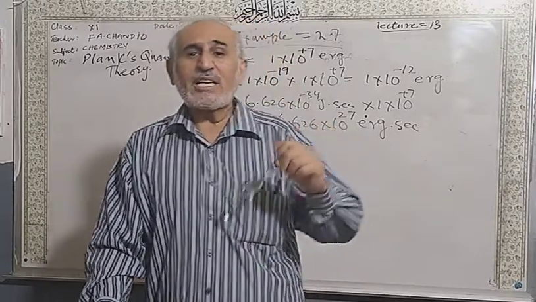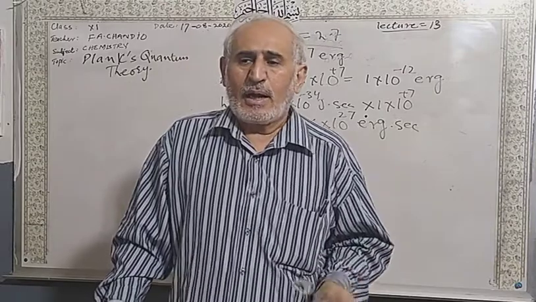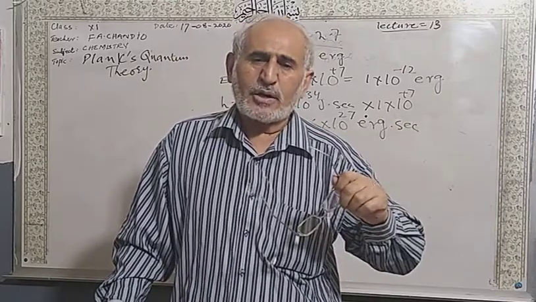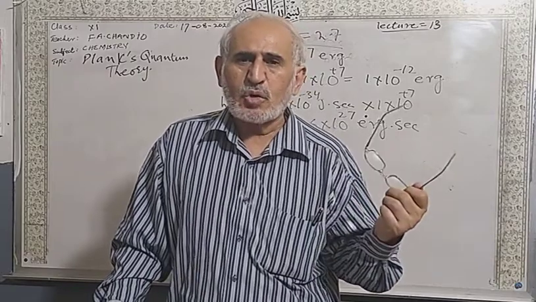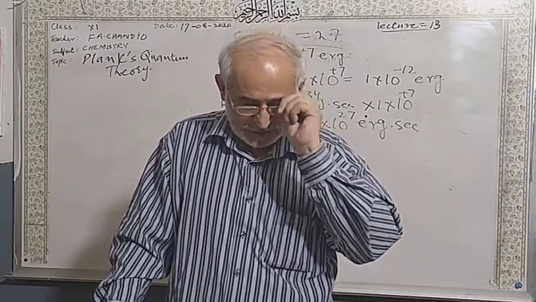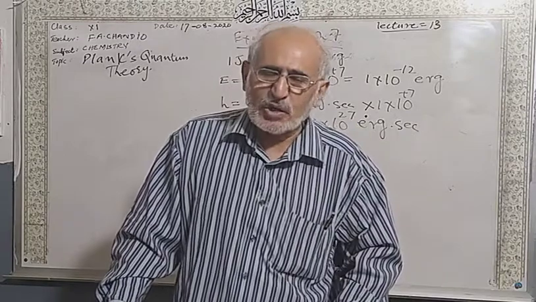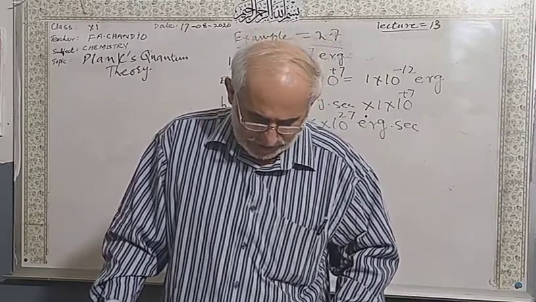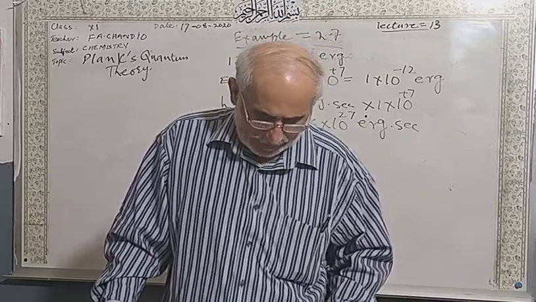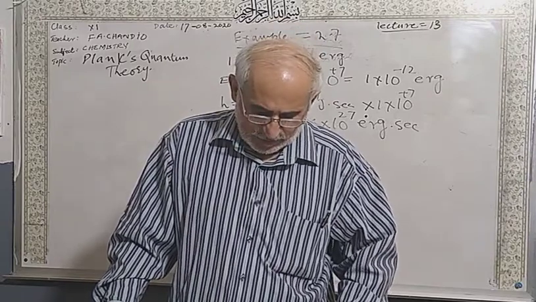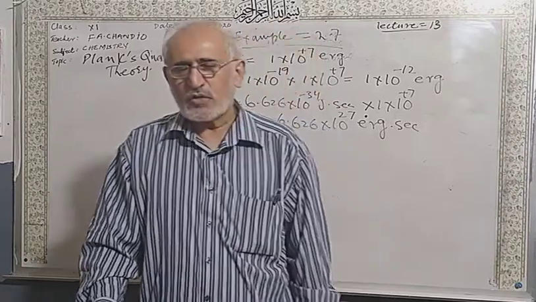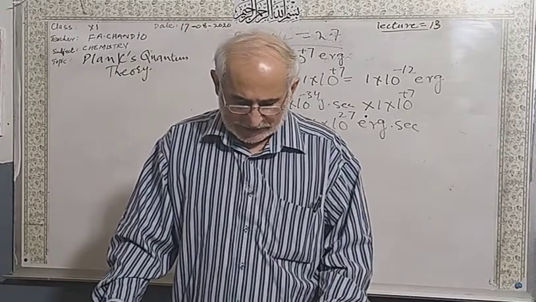But when you change into centimeters, centimeters are a smaller quantity and meters a larger quantity, so this will be 10 raised to power 10. So 3 into 10 raised to power 10 centimeters per second, and frequency is given as 1.15 into 10 raised to power plus 14 per second.